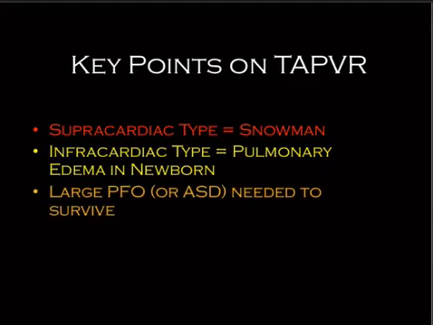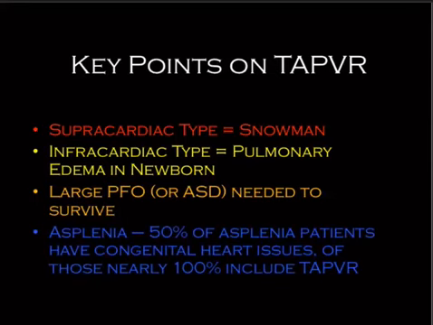You have to have a large ASD or patent foramen ovale to survive. And asplenia, the heterotaxia, remember from the GI or pediatric talk about asplenia being associated with congenital heart disease. Well, this is the one that it's most commonly associated with.